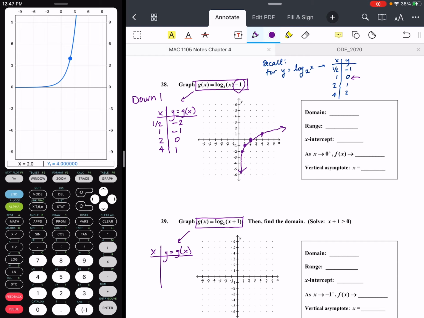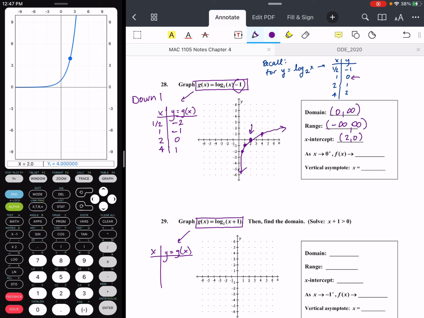Looking at my domain, it's unchanged, so it goes from 0 to positive infinity. Those are my x values. My y values, negative to positive infinity. My x-intercept is now going to be this guy, 2, 0.